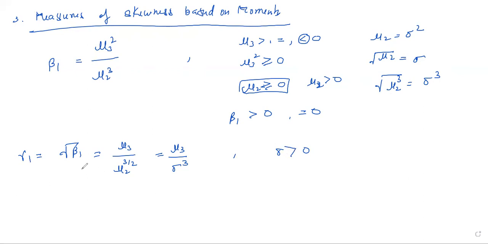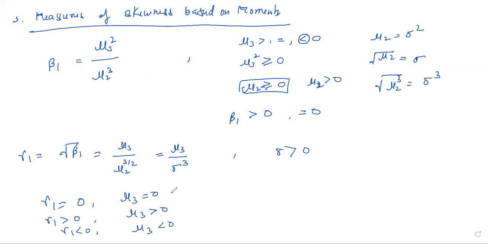Now, the shape of the distribution depends on mu3. So here gamma 1 is equal to 0 if mu3 is equal to 0. Gamma 1 is greater than 0 when mu3 is greater than 0. And gamma 1 is less than 0 when mu3 is less than 0.